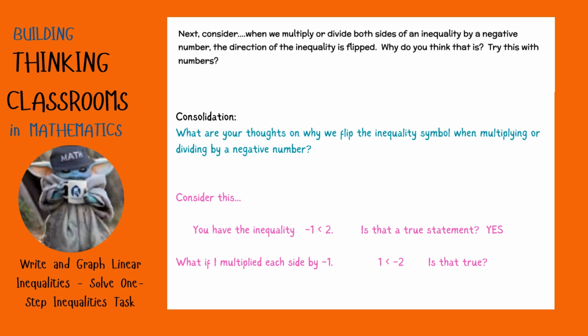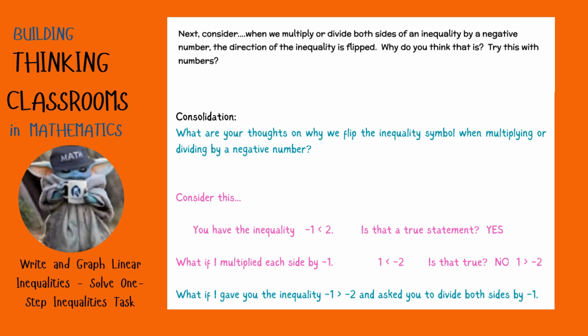We can see that multiplying -1 by -1 is going to give us 1, and multiplying 2 by -1 is going to give us -2. Is that inequality now true? We can see that it is not true. 1 is not less than -2. Therefore, we would have to switch the direction of the inequality symbol.